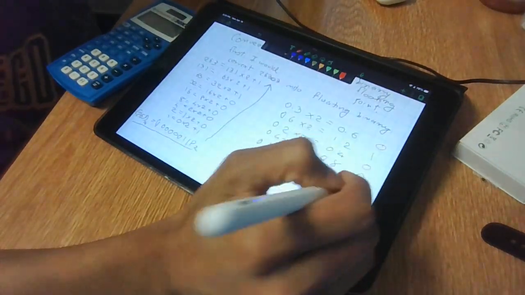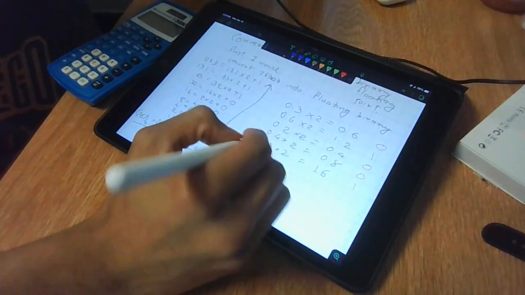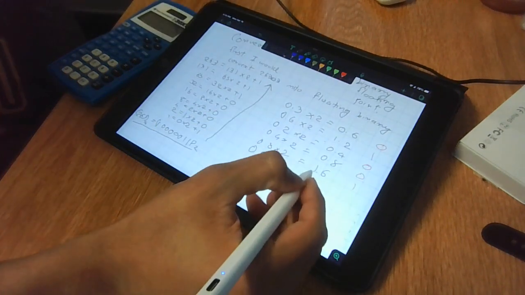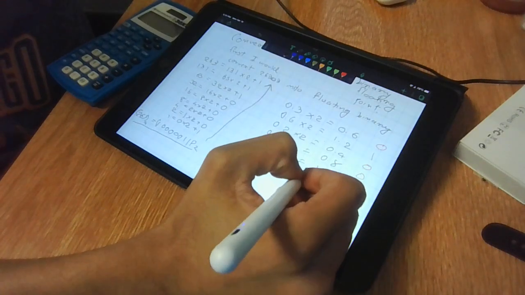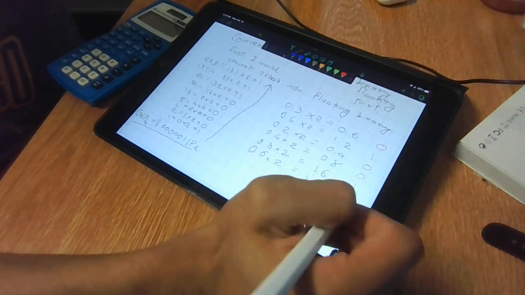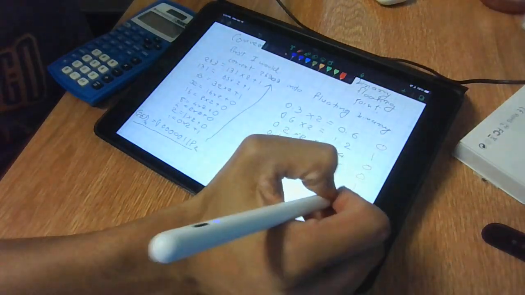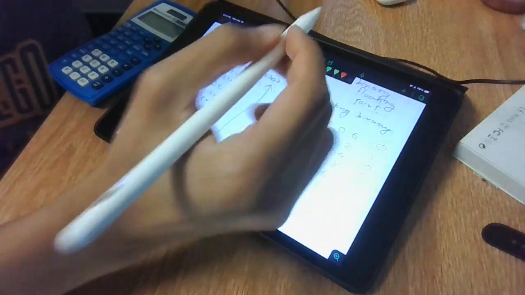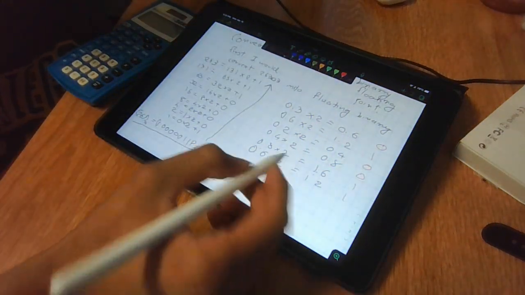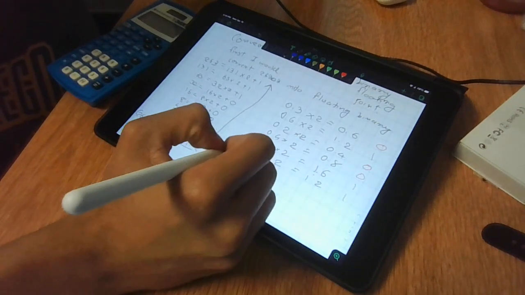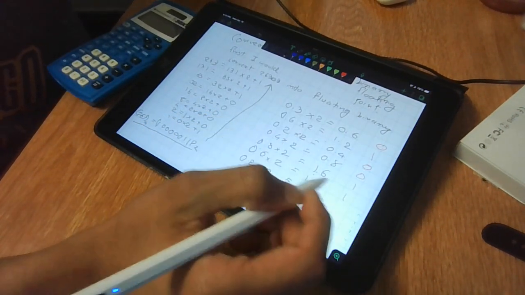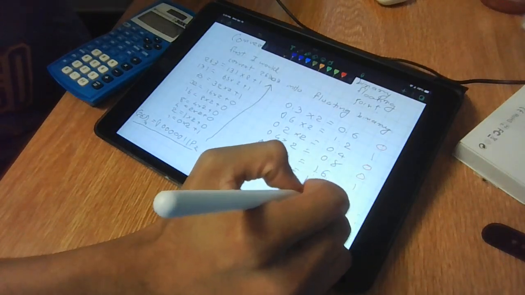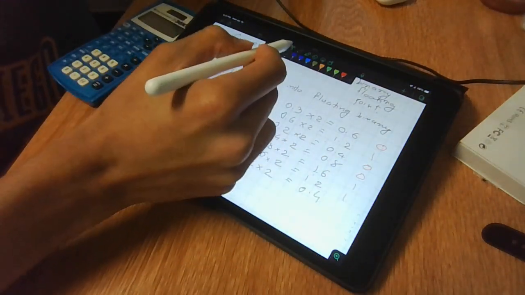Which is 1. And now here's the trickier part. I get 0.6, because I will not count this one, multiplied by 2 gives 1.2, which I just consider 1. Then 0.2 times 2 is equal to 0.4, and that is 0.